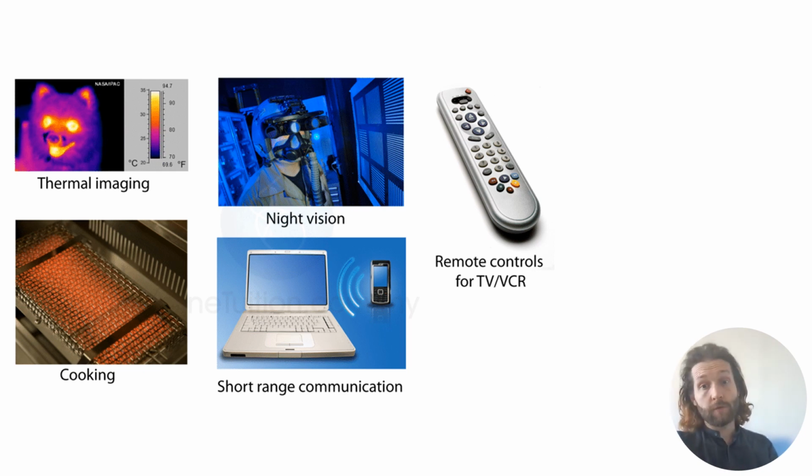Another use you might be familiar with, and this is actually a thing you can try out to mess around with infrared yourself: there is an IR blaster on the end of a Nintendo Wii remote. So there's an IR sensor.